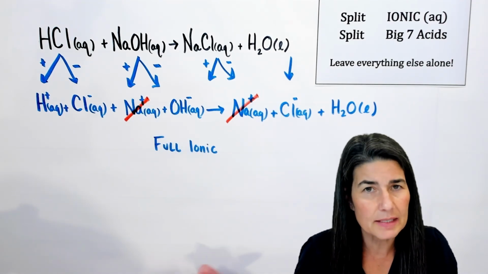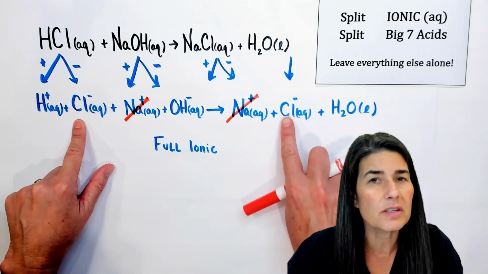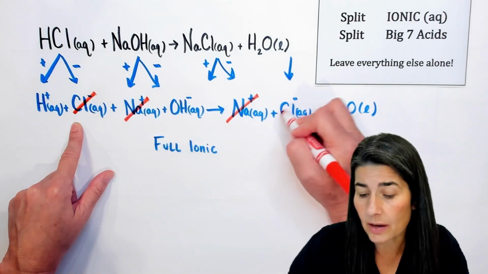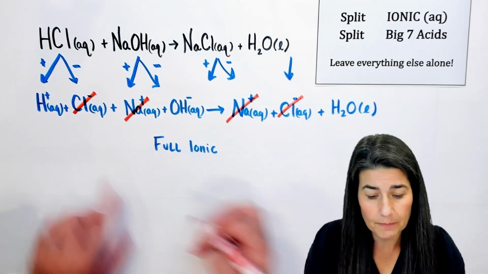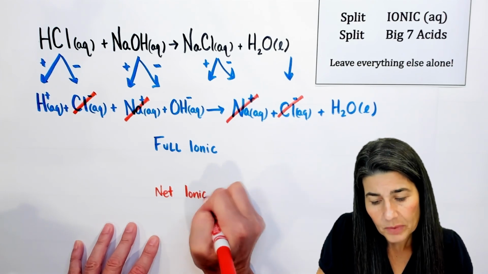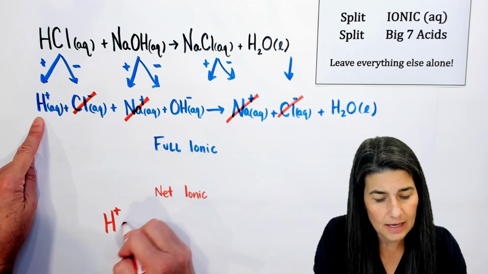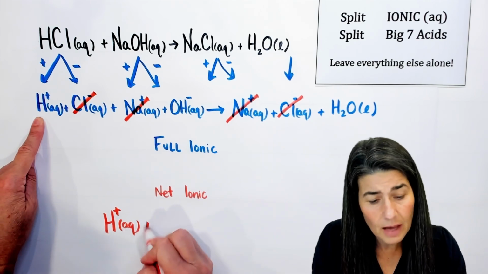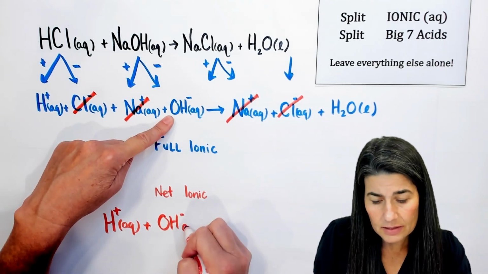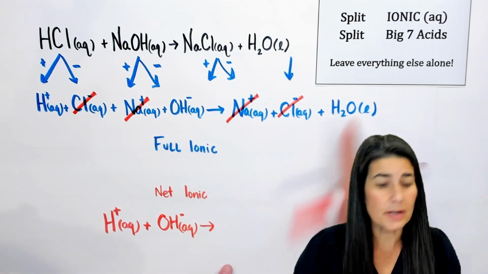The other spectator ion is the chloride ion, Cl- on the left, Cl- on the right. So I'm going to cancel those out. What's left over is considered the net ionic equation, and that is our H+ ion in solution coming together with the hydroxide ion in solution in order to form water.